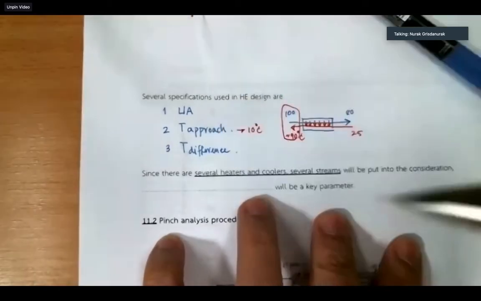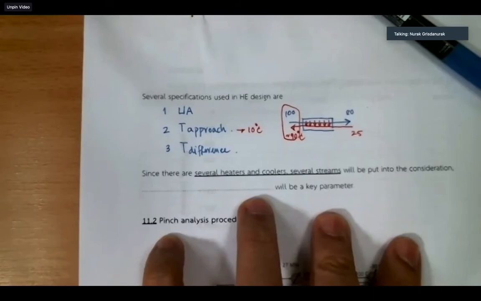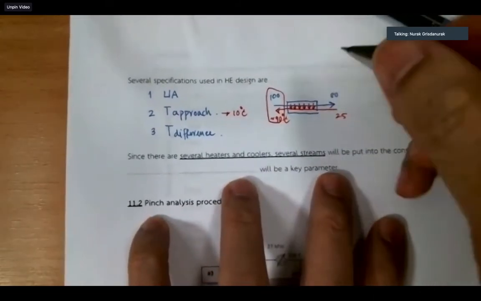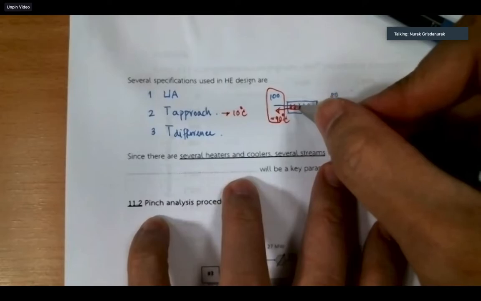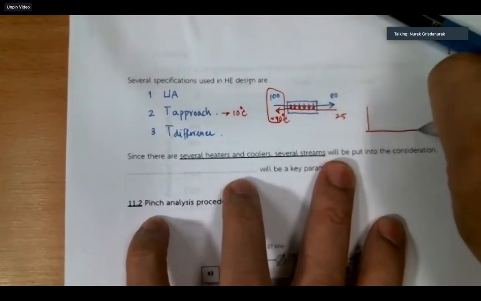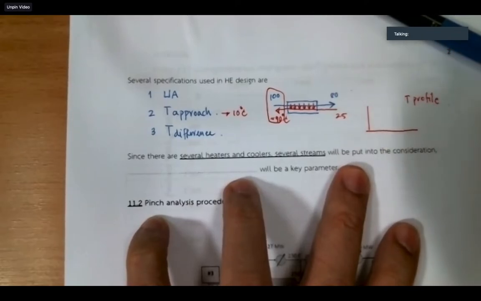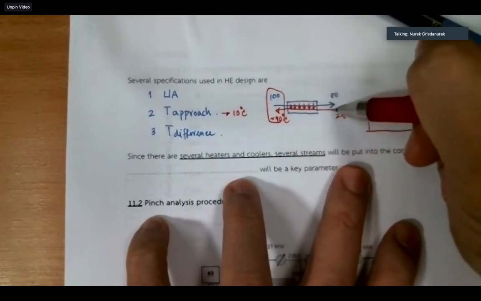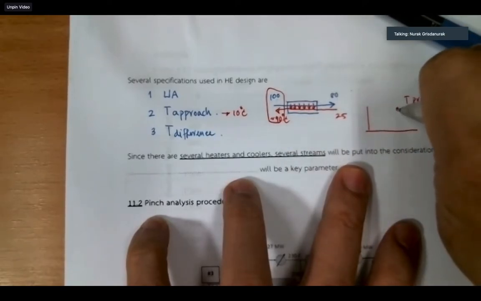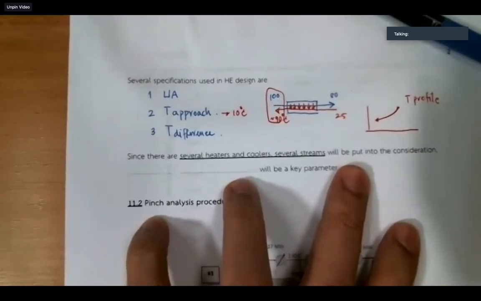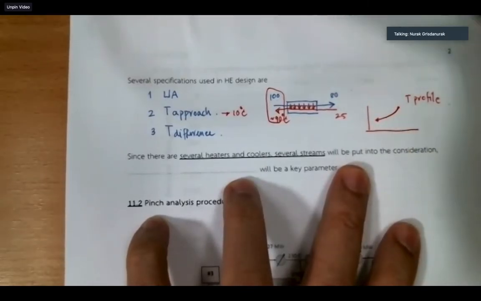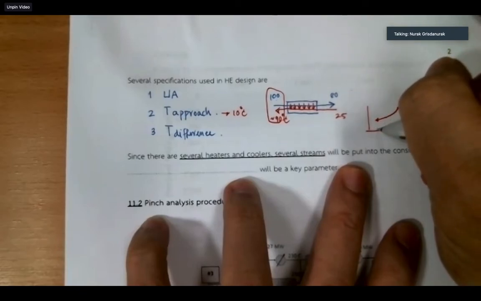In terms of temp difference, what does it mean? I may be talking about the temp difference. Okay. For temp difference, you need to draw the graph, right, and find out the temperature profile. Okay. 100 to 80. 100 to 80. 20 to 90.